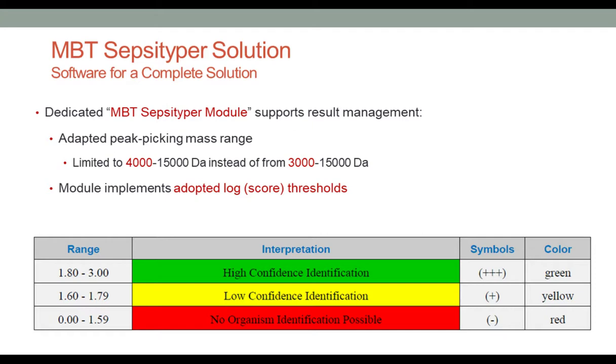The MBT Sepsityper software kind of gets rid of the lower level of the spectra, and then you will see some additional particles from your blood in the higher spectra of your graph, but the Sepsityper software helps to weed out some of those. It actually lowers the score that you need to get a good identification because of those lysed red blood cell particles and things that you see from your blood culture bottle.